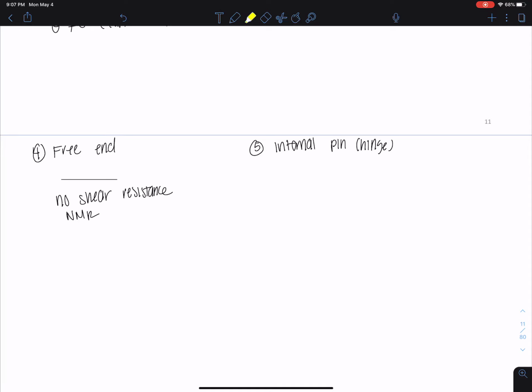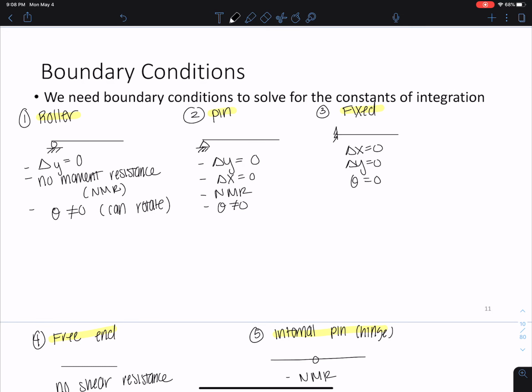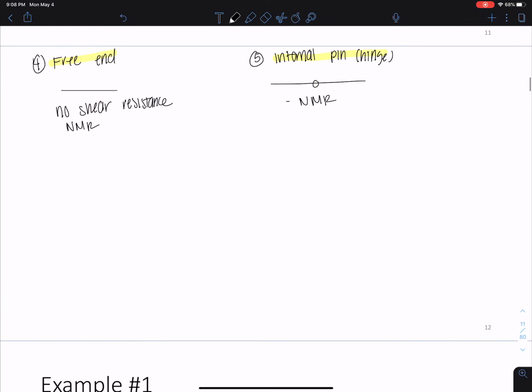It's called both of those things. And that looks something like this, a little circle in a beam. All we know about this is we have no moment resistance. Okay, so remember these when you're solving problems. This will help you a lot in determining the elastic shape, the elastic curve, the deflected shape, and it'll help you in your future classes too, for sure, for structural analysis as well.